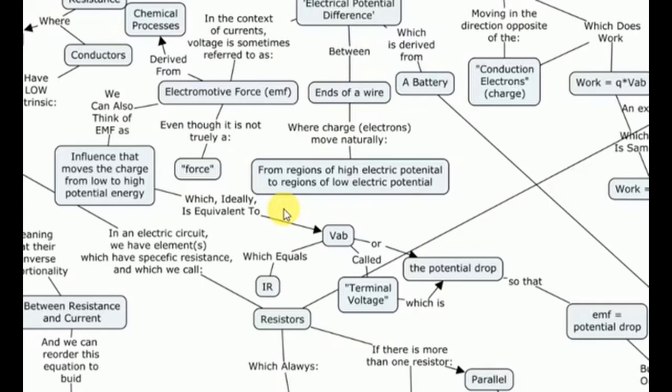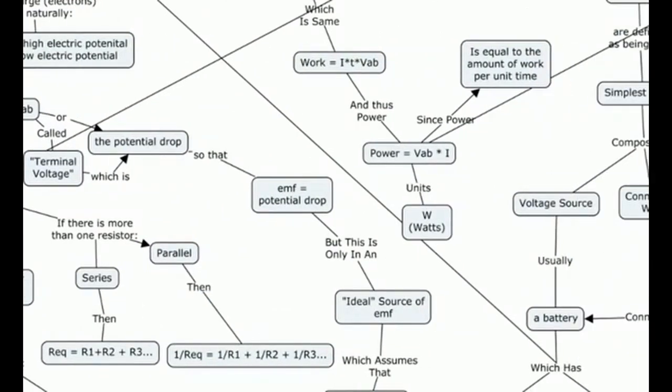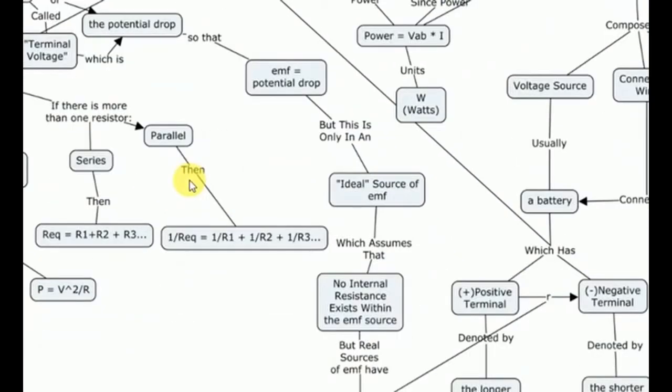This potential drop, we say, is ideally equivalent to the potential gain inside the battery. But this is only in ideal situations, in an ideal source of an EMF, which assumes that there is no internal resistance within the EMF source.